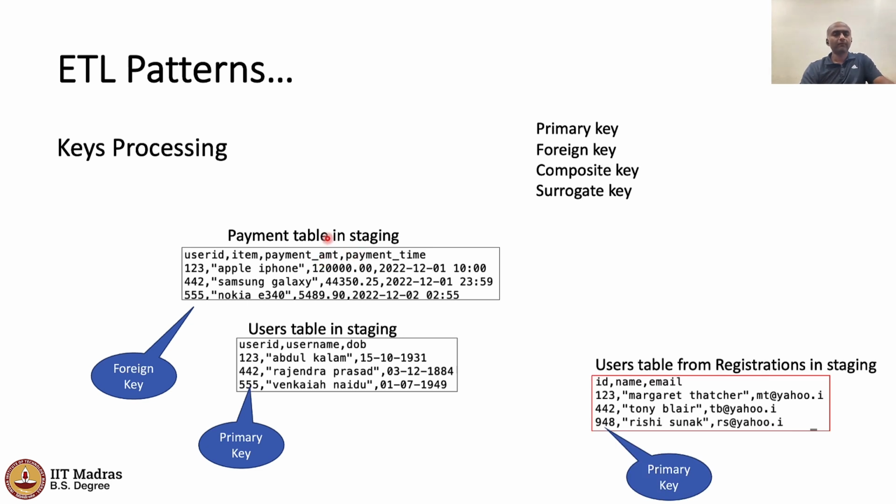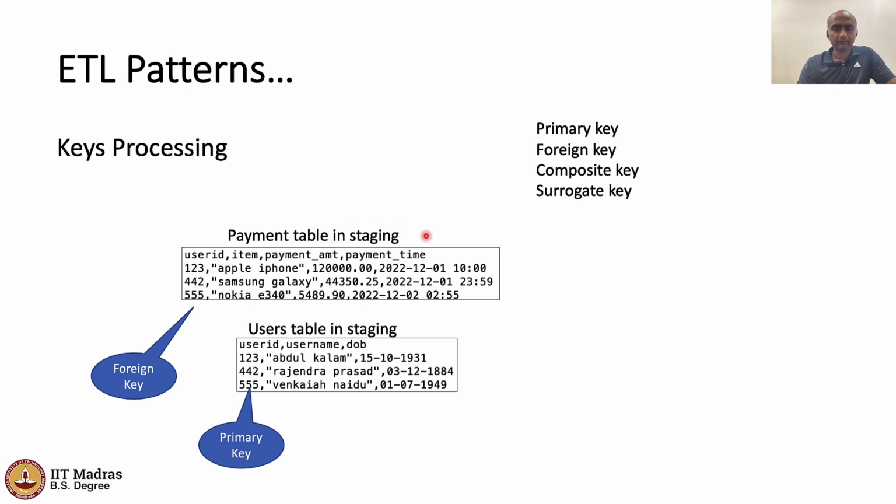Alright, now we've taken a look at primary key, we've taken a look at foreign key. There is this notion of what's called a composite key, which means at times you may not have a single column which is unique.